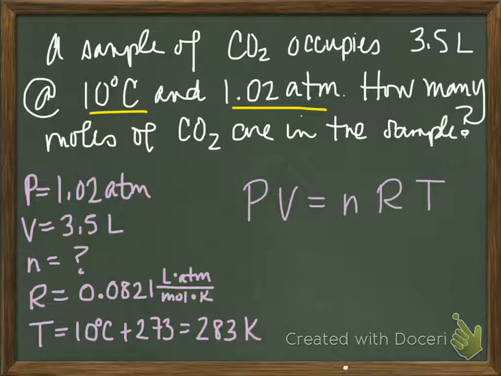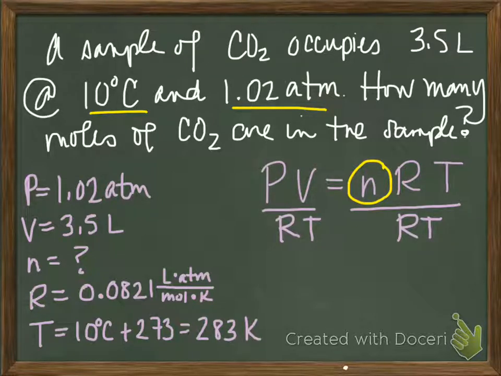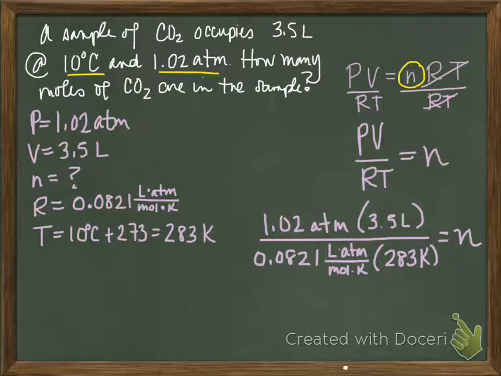So, let's go ahead and rearrange to solve for n. If I divide both sides by RT, I've got n isolated. Let me move a few things around. I've plugged in all my variables, and I've put the units in with everything.